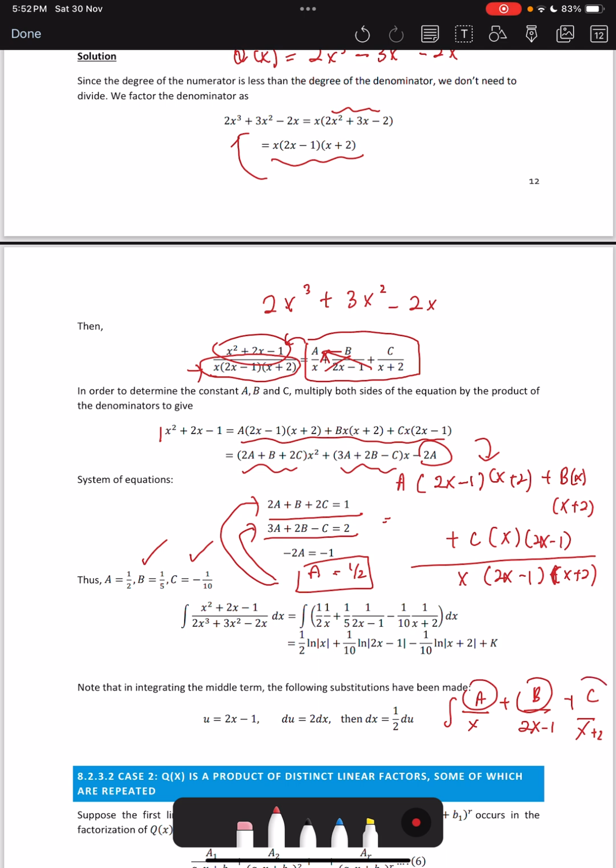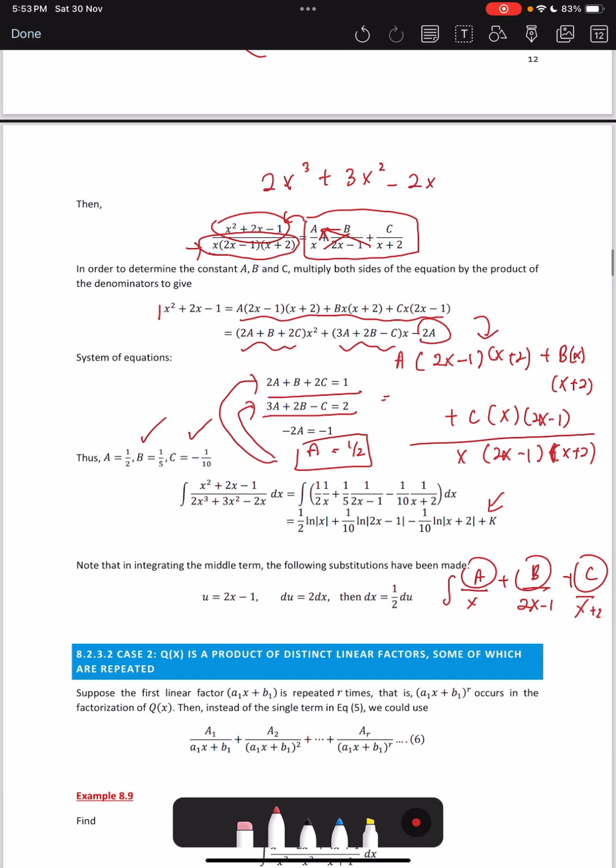You replace with the values A, B, C that you found just now, and you will get the answer when you integrate, as shown here. For the middle term, you can use u equals 2x minus 1. du is 2dx, so dx is half du, and then you replace it back here. You will get 1.5 multiplied with 1 over 2. Alright, that is the first case where the denominator Q(x) is a product of distinct linear factors.